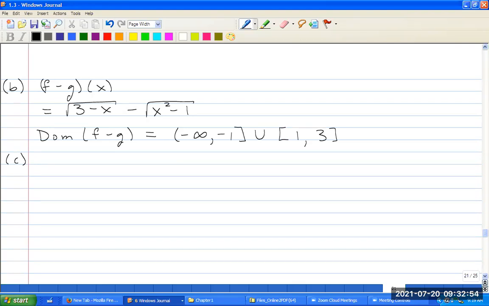And so f times g at x is just the square root of 3 minus x times the square root of x squared minus 1. And so that's f times g. Of course, you could put this all over one big square root if you want.